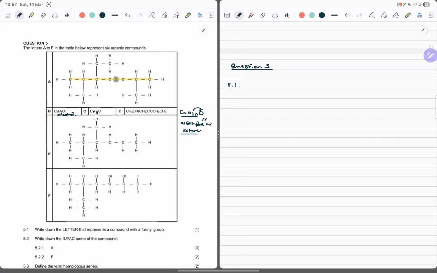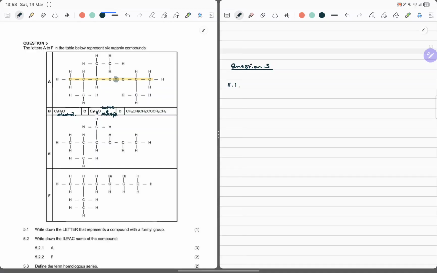And if the O is incorporated before that, we would probably be leaning towards ketones. But it can be either, because the two are isomers of each other. So you wouldn't know from the molecular formula what this is. Here we are either looking at a ketone or an aldehyde.